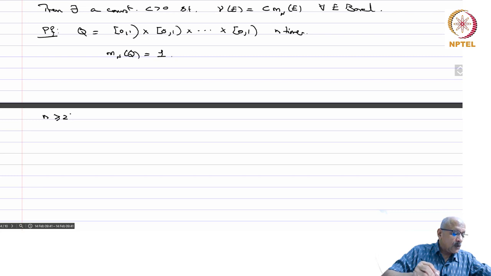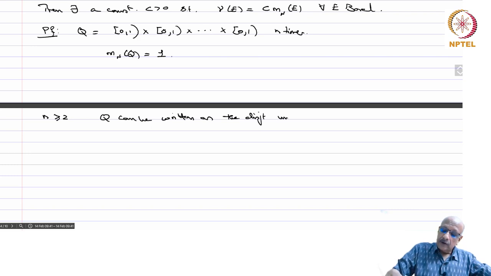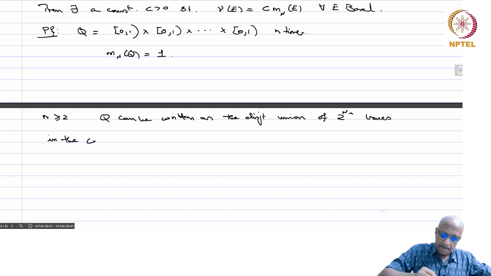So for n at least 2, we can write Q as the disjoint union of 2 power n times n boxes in the collection Gn described earlier.